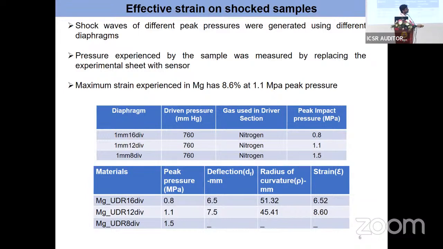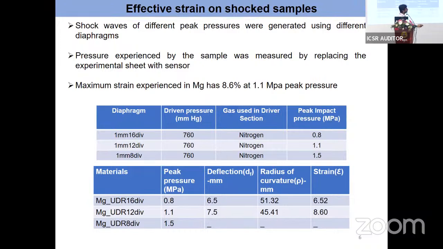For 1.1 megapascal peak pressure, I used a 1 mm diaphragm with 12 divisions, and for 1.5 megapascal peak pressure, I used an 8-division grooved diaphragm. In all three cases, I used nitrogen gas and the driven pressure was fixed at 1 atm.